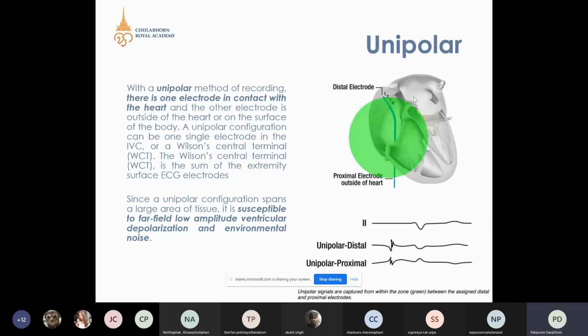So the first electrode on the catheter is only the positive pole.